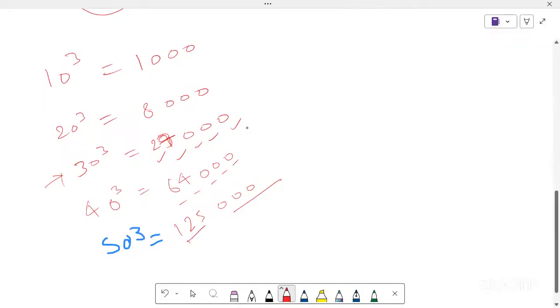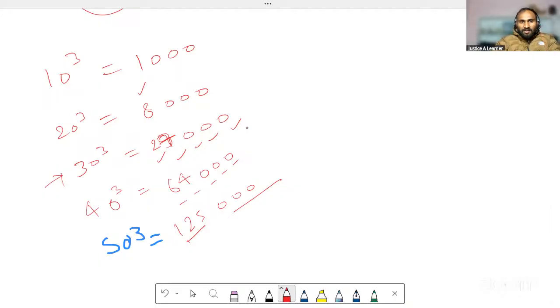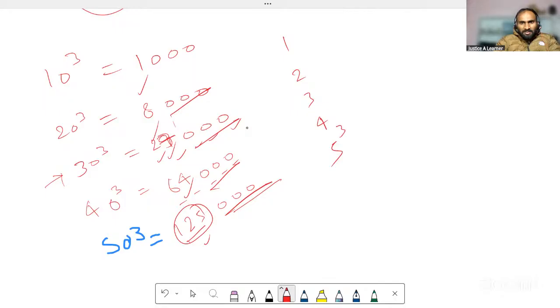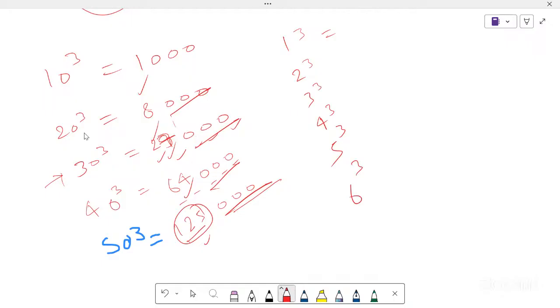I can only get this range once I know this. If I do not know this, I can't get that, because if I know this, I will keep 3 zeros afterwards. I want you to learn at least the cubes of these numbers, up to these numbers. You already know these, then the thing is easier for you. Do you also know the cube of 6? No. This is 216. If you know this, it would be even easier.